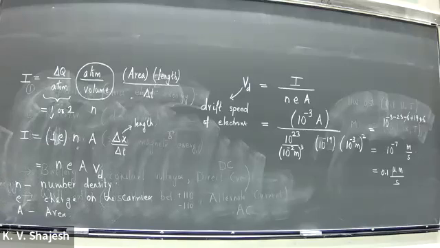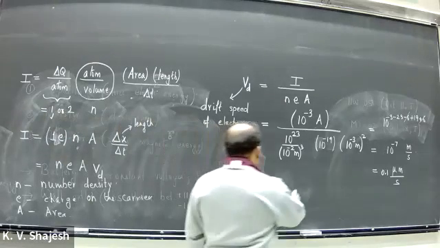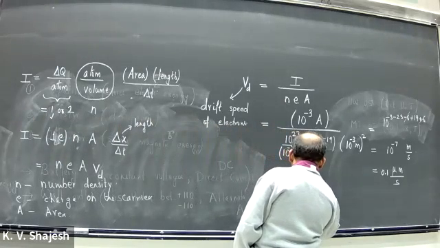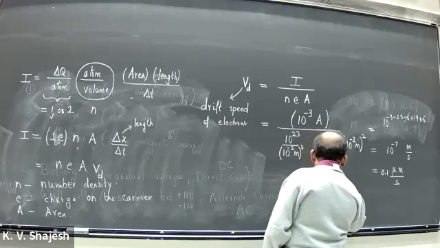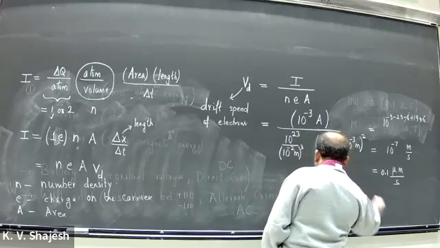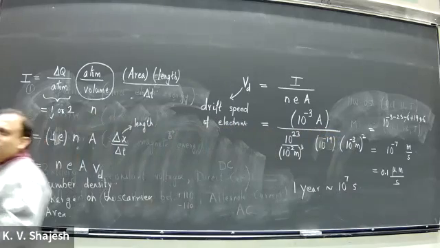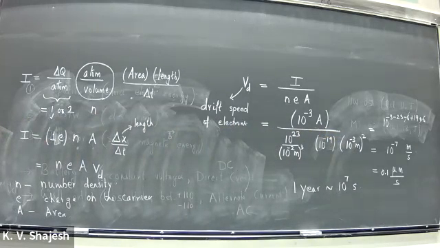That's about a year, right? 1 year is about 10 raised to 7 seconds. Again, to 0 significant digits. So you're saying that electrons take about 1 year to go from one end of the battery to the device. That's again not intuitive, but that's actually true.